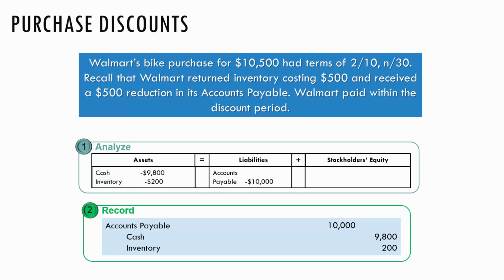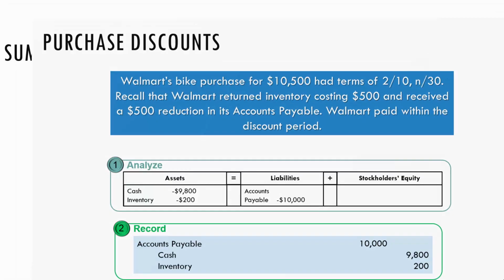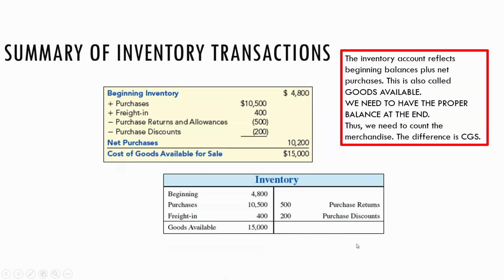I believe in addition to the $10,000 in our inventory account, we also had some costs associated with freight. So the value in our inventory account is not really going to be $10,000 minus the $200. I believe we also had an adjustment that came into that account from the freight costs. So here again is a recap of that inventory then.